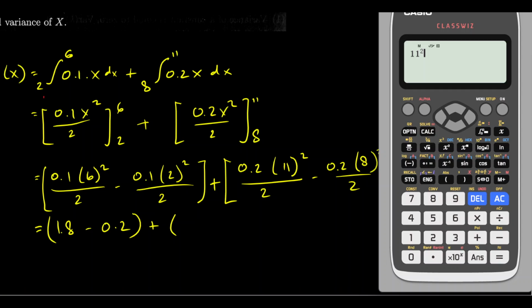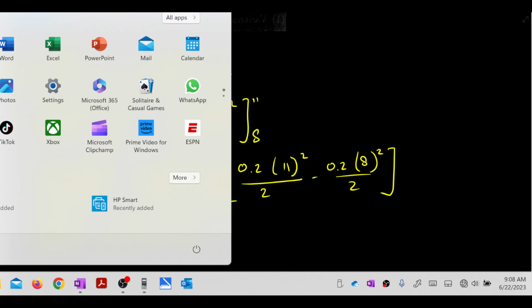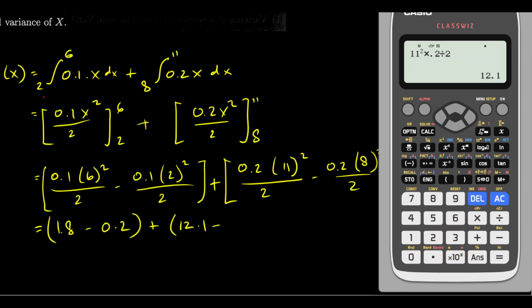Eleven square times 0.2 divided by 2 equals to 12.1. So this is 12.1 minus 8 square times 0.2 divided by 2 equals to 6.4.